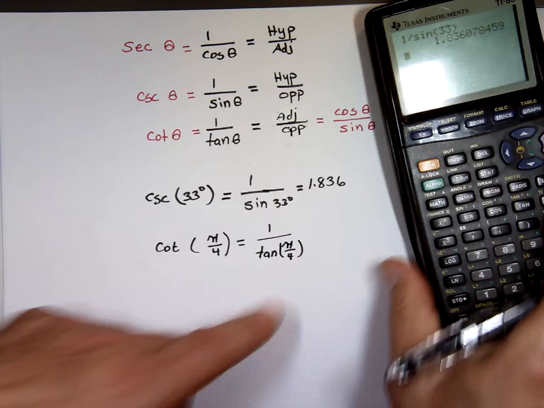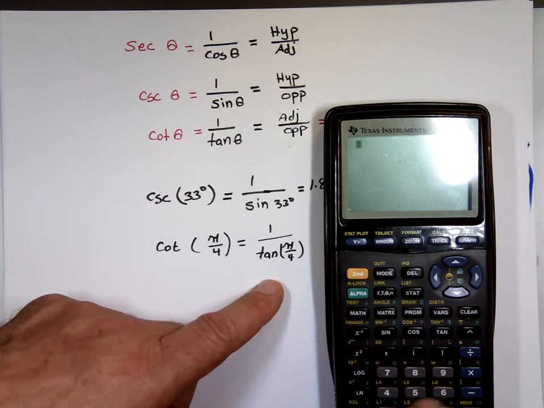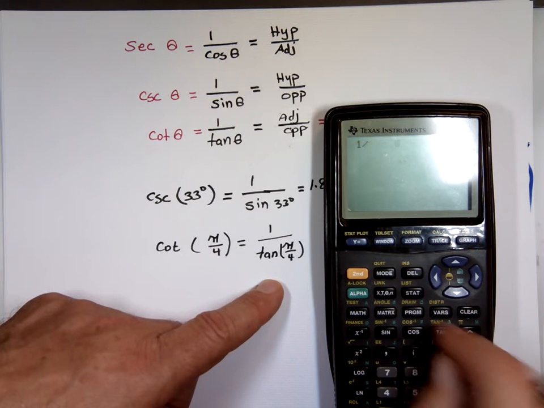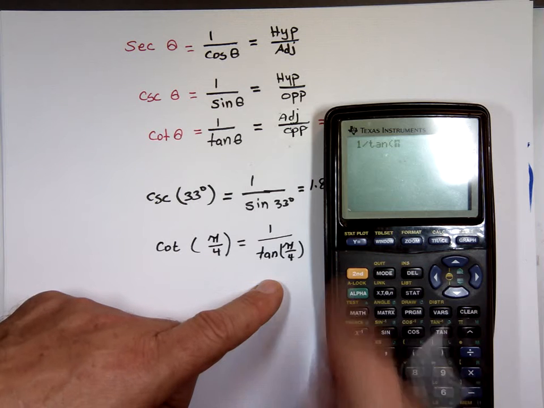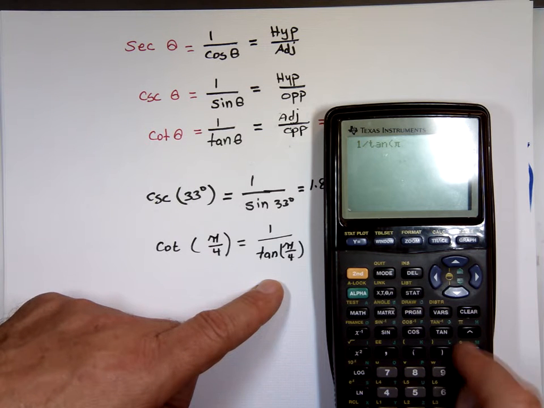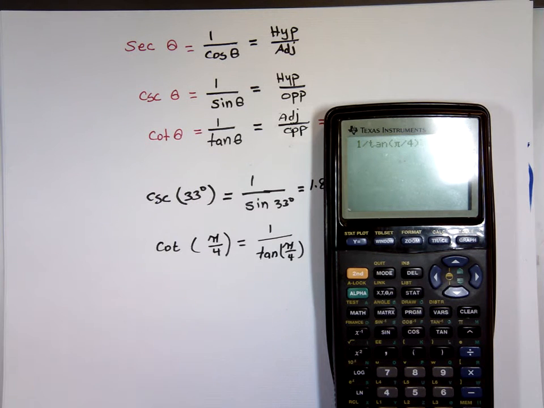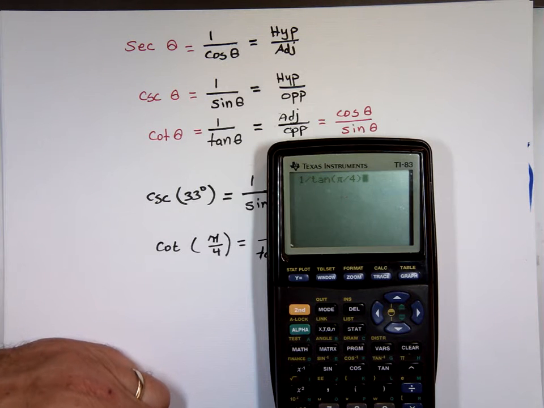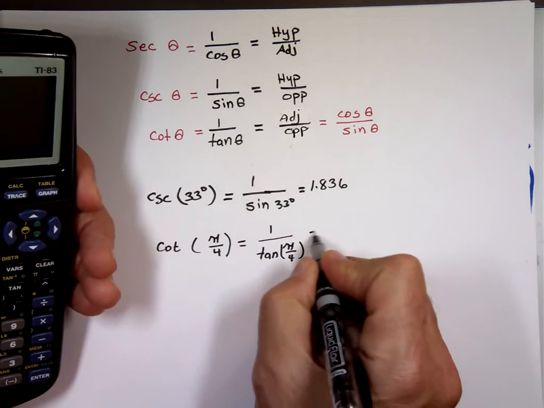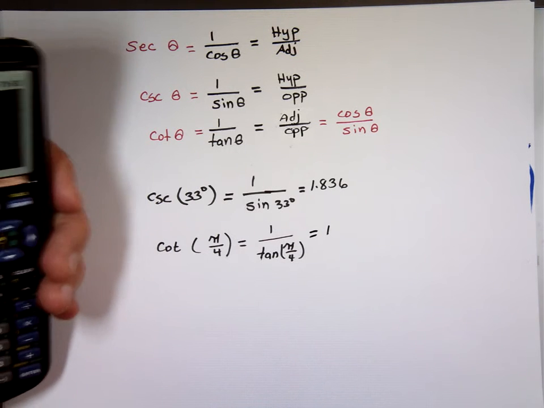So let me type it in. 1 divided by tangent, and I write pi divided by 4 and close the parentheses. Hit enter. What do you know? It's 1.